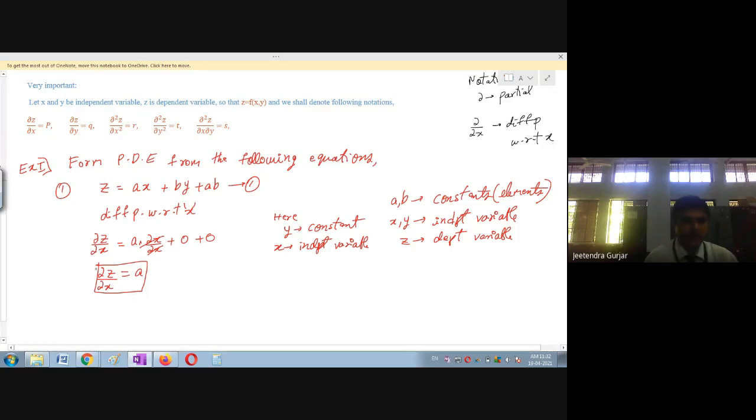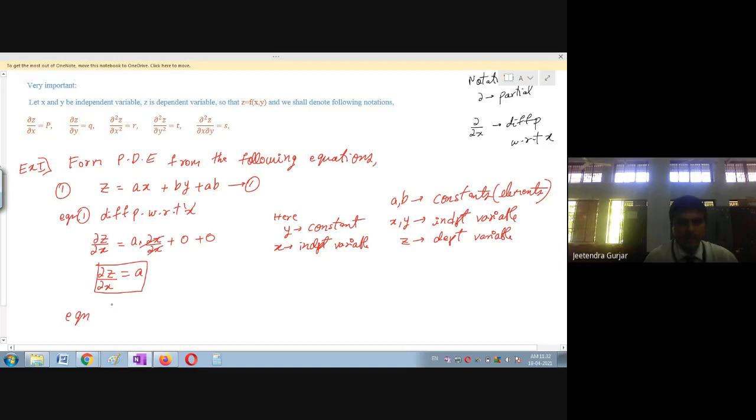Okay. So next, again here, equation 1. Now again we'll continue. Wherever A is there, I am eliminating A and B. My job is to eliminate A and B. So A, I can substitute with dou z upon dou x. Okay.